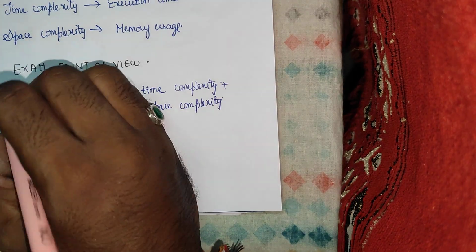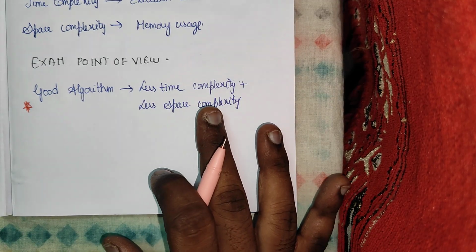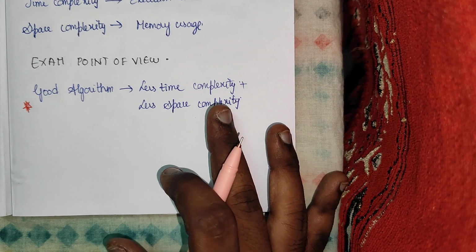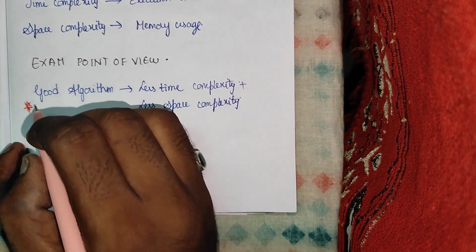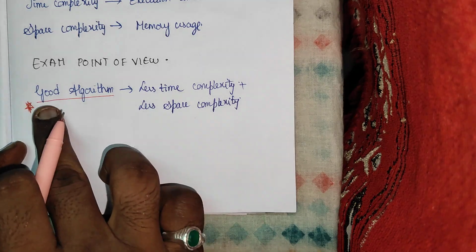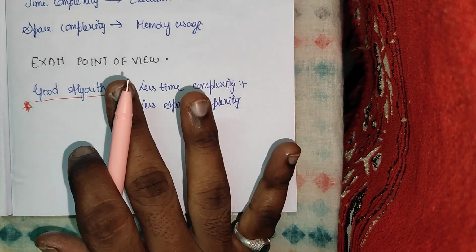This is the important point. Do note this. This sentence alone is frequently asked in viva and semester examinations. This is very important because this is the core. A good or the best algorithm has less time complexity and less space complexity.